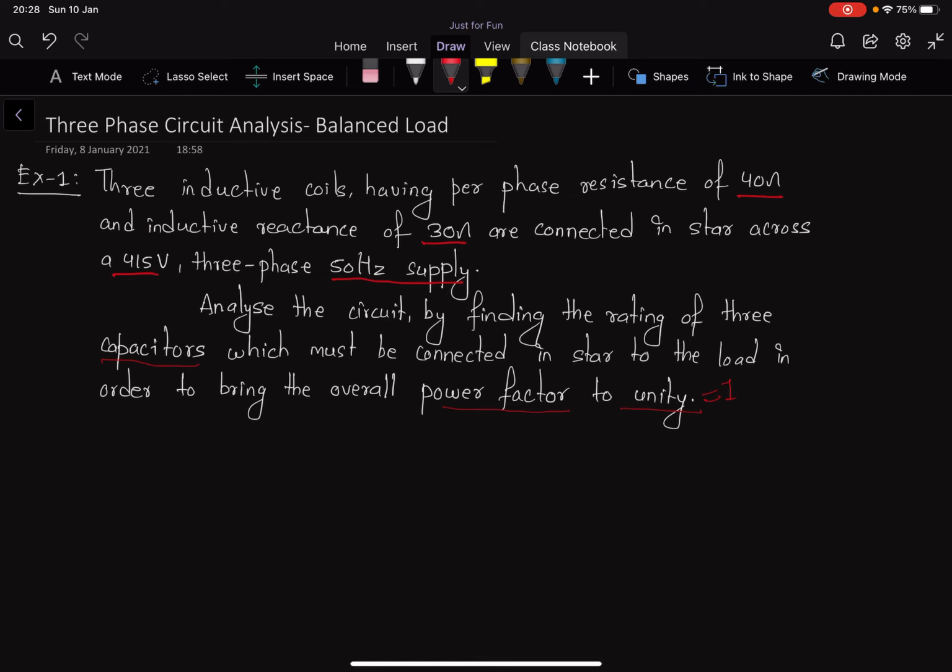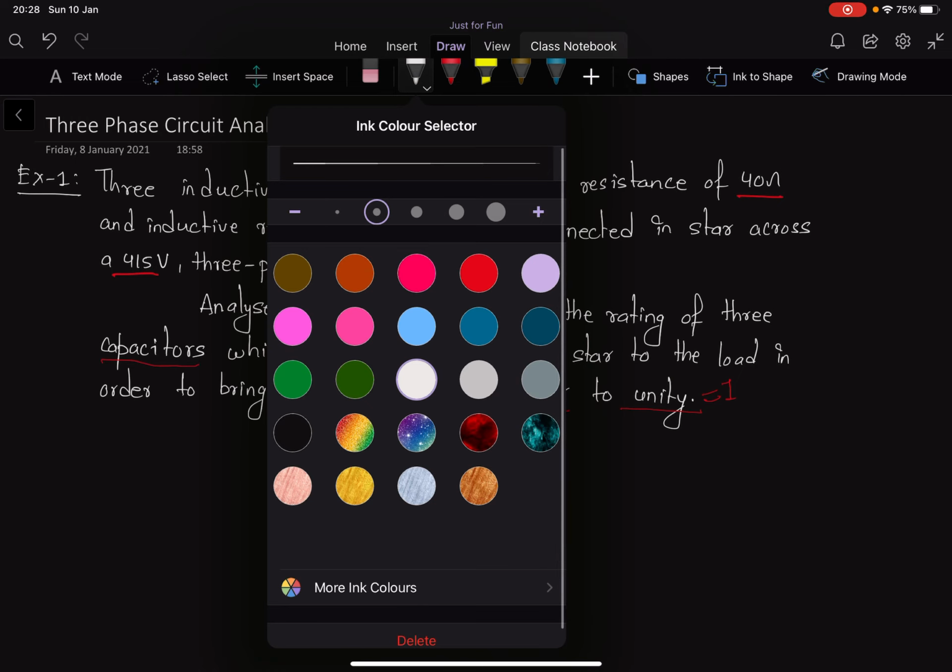Now before we start solving or analyzing this problem, to make things easy, let's construct the circuit diagram for this example. Based on this, you can clearly see that it is a three-phase circuit, and the three-phase circuit has a balanced load.